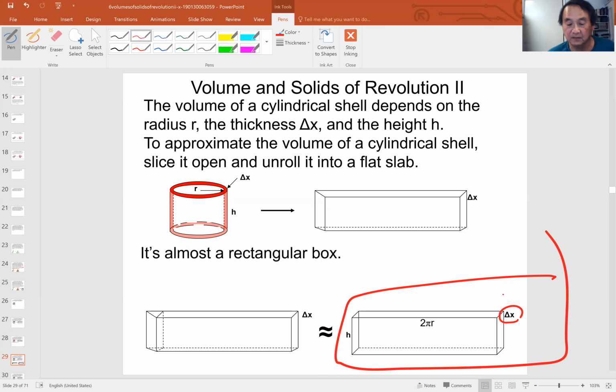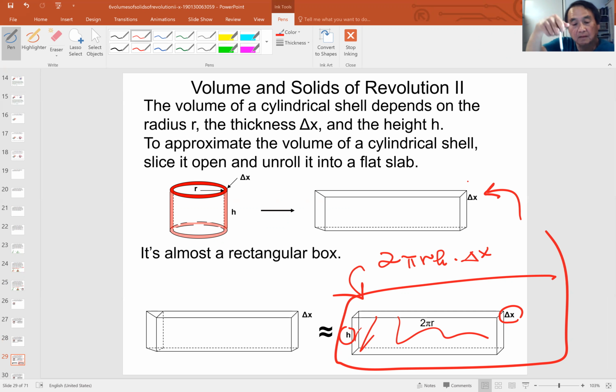The volume of this is easy to track. This is 2 pi r times h, the height, times the delta x. Okay, that's the volume of this very thin rectangular box, and that's approximately equal to the volume of this can, if you like, very thin cylinder.